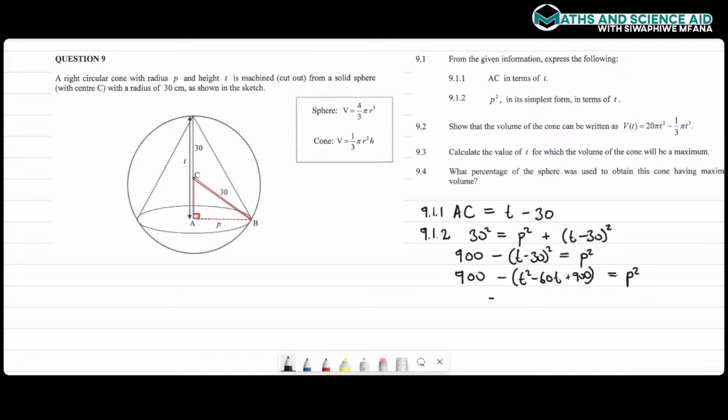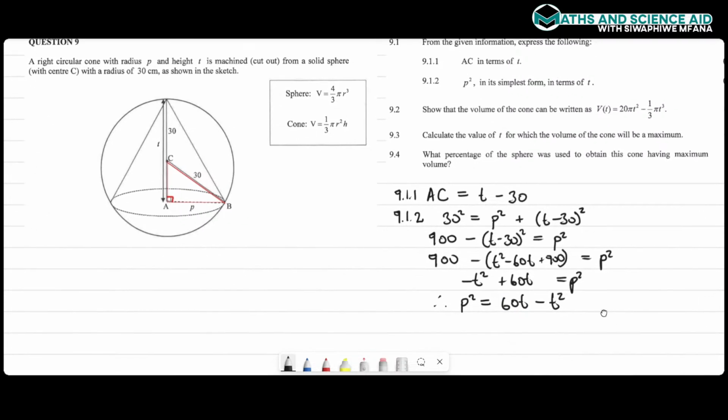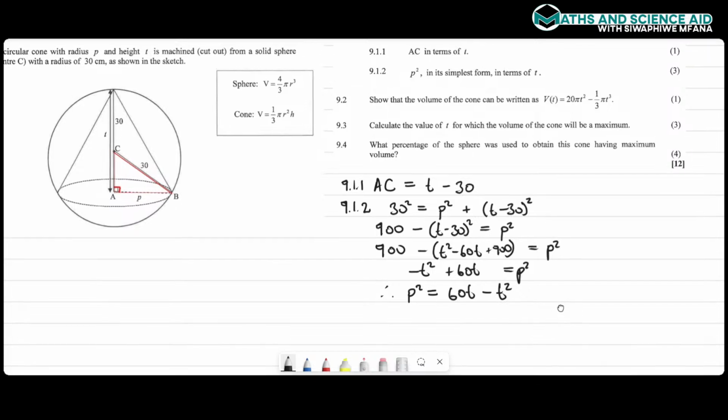So overall, we are going to be left with minus T squared plus 60T is equal to P squared. We can write it as follows: P squared equals 60T minus T squared. We can just switch them around so that we start with the positive term and then the negative term. Okay, so that's 9.1.2, guys.